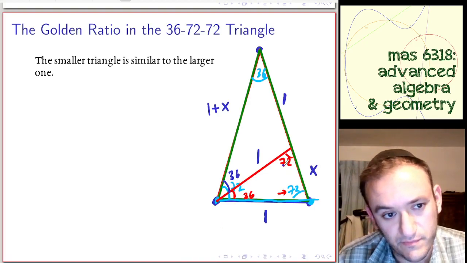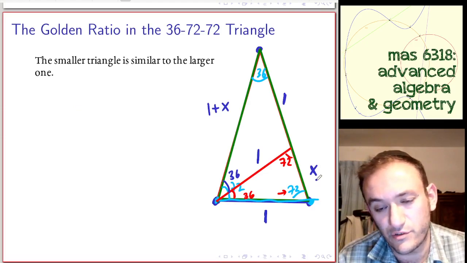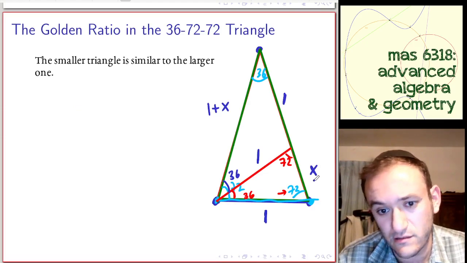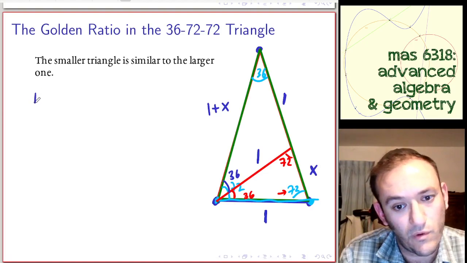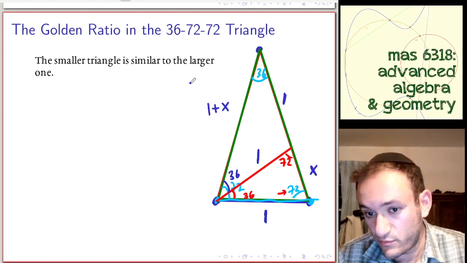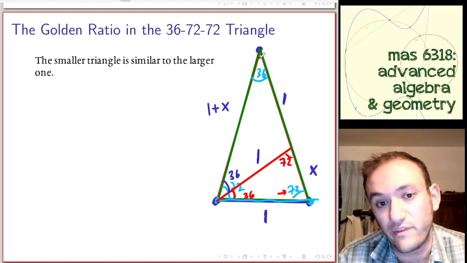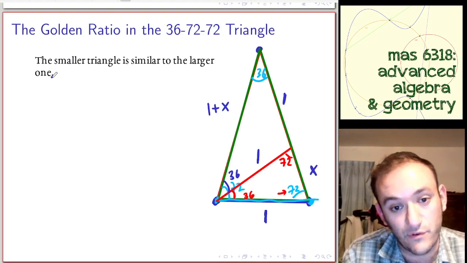And if we are trying to solve for x, the way we'll do that is by using the ratio in the triangle. So I know that the longer edge to the shorter edge has to be equal, for the two triangles.